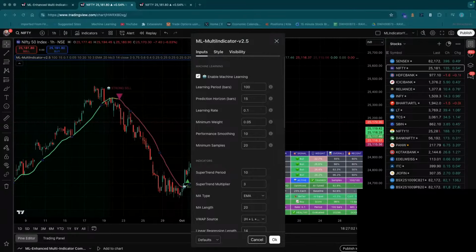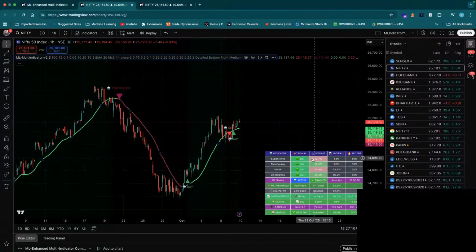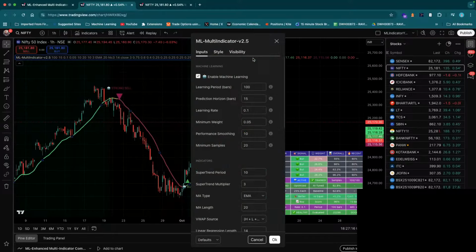You can change this. For instance, here, super trend got the lowest weightage, but suppose it is performing so badly, it will still get about 5% weightage. That's what it means. You can always change this if you wish to. So that is about minimum weight.